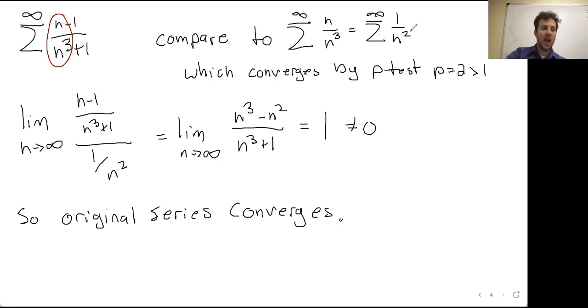So it's not that I got a 1 as compared to a 1/2 that determines convergence. If you get a finite number, the two series, the one you started with and the one you picked to compare it to, will do the same thing. And the comparison series is easy to determine what it does.